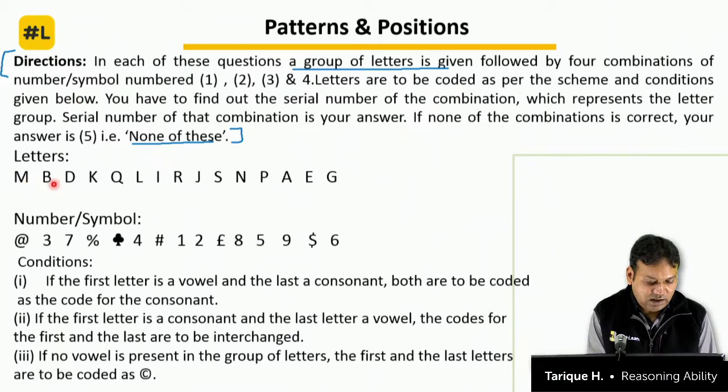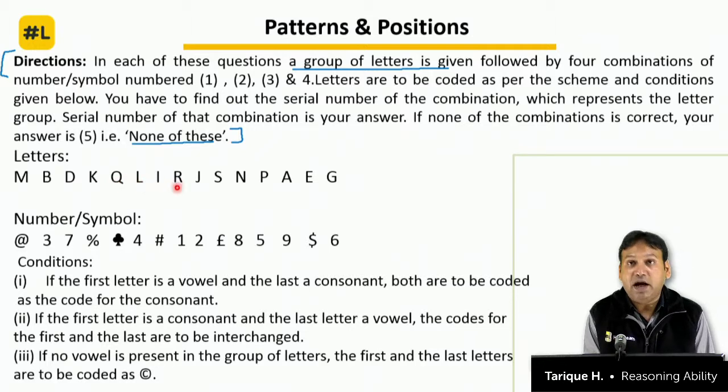We have these letters M, B, D, K, Q, L, I, R, J, S, N, P, A, E, G, followed by the symbols and digits given below: at, 3, 7, %, club symbol, 4, hash, 1, 2, pound symbol, 8, 5, 9, dollar symbol and 6.